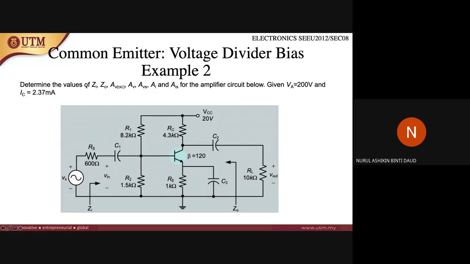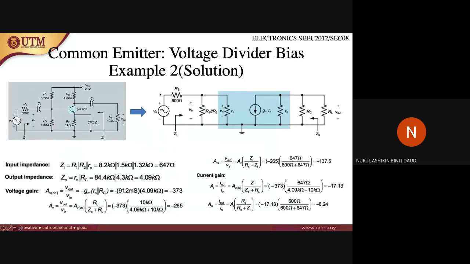Next, another example: determine the values of ZI, the input and output impedance, and the gain for voltage and current for the amplifier circuit below. Given VA is 200 volts, and IC is also given to you, 2.37. First of all, draw this circuit as an AC equivalent circuit. This is a voltage divider bias circuit.